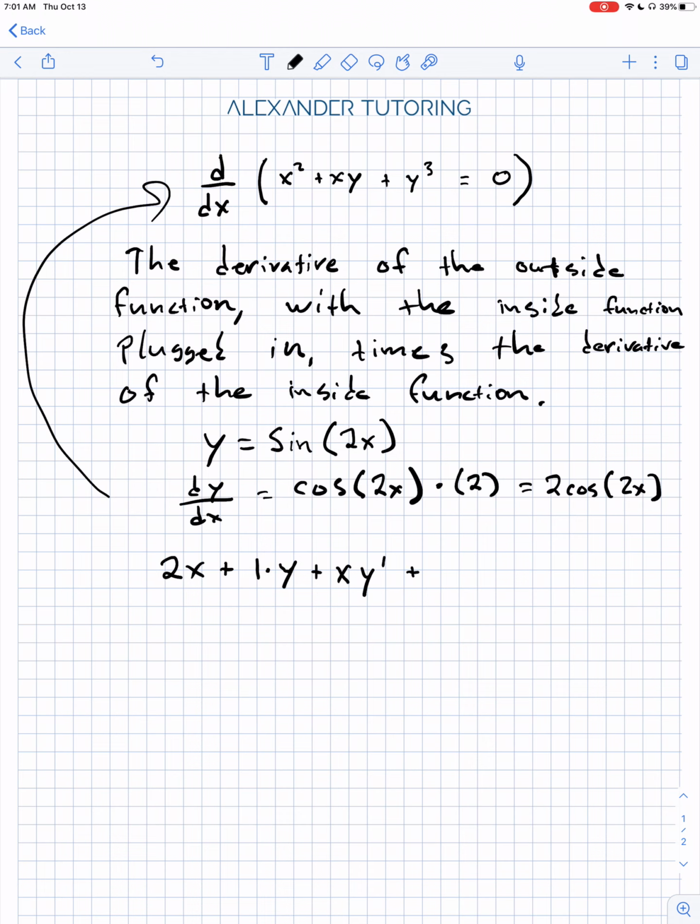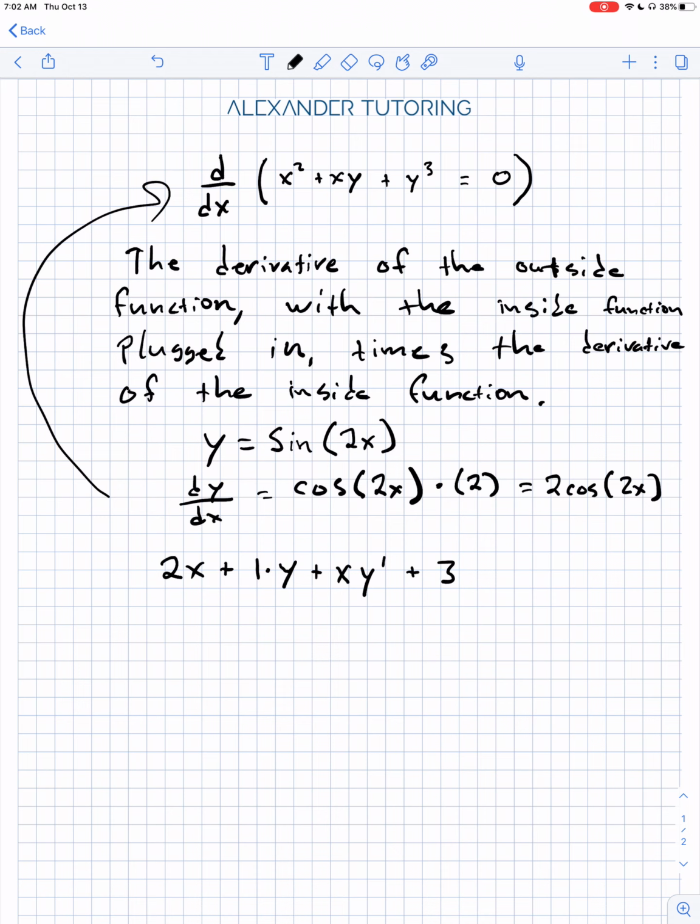Plus, now here's the tricky part: y cubed. Again, y is some function we don't know. We're going to treat it like the inside function using the chain rule. What does the chain rule say? We take the derivative of the outside function. The outside function is something cubed, so we use the power rule.